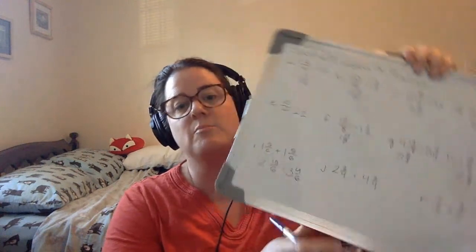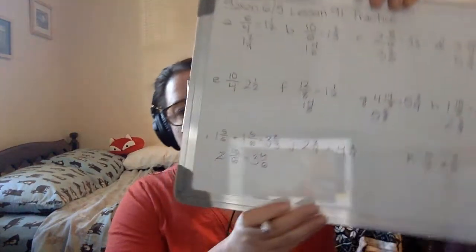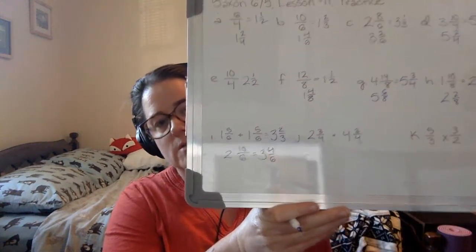If we add our 2 that we've already got, that gives us 3 and 4/6. Now we've got a mixed number with a proper fraction, but the fraction can still be reduced. 4/6 is 2/3. So our solution is 3 and 2/3.